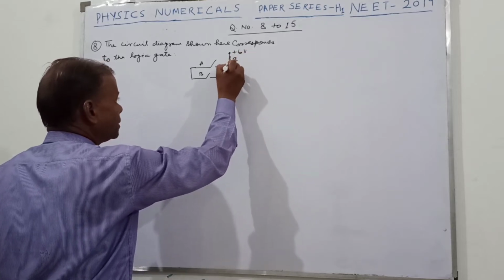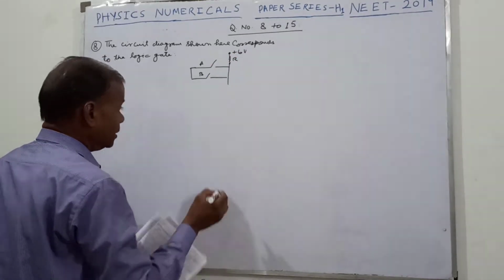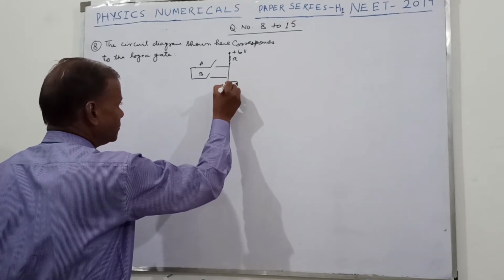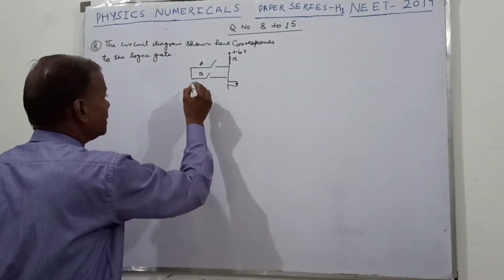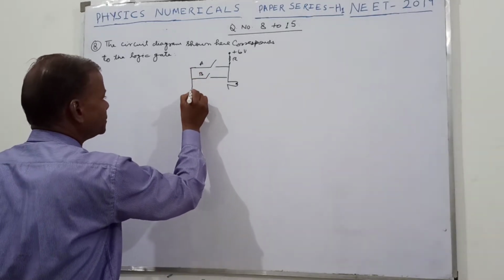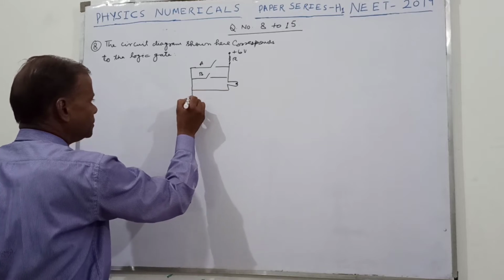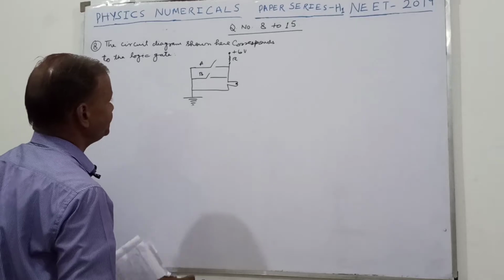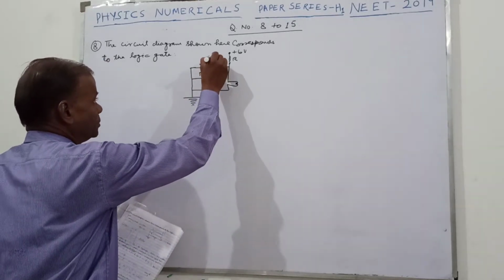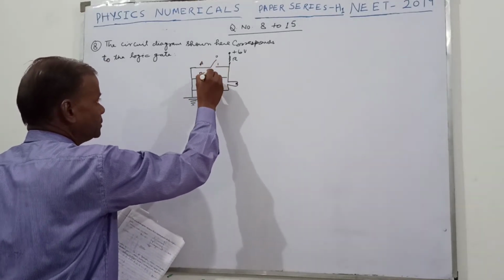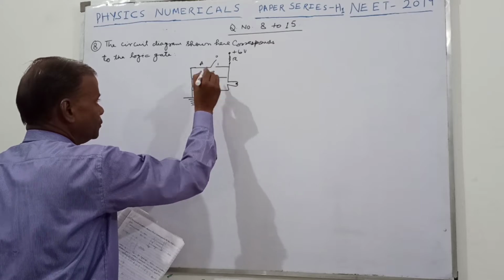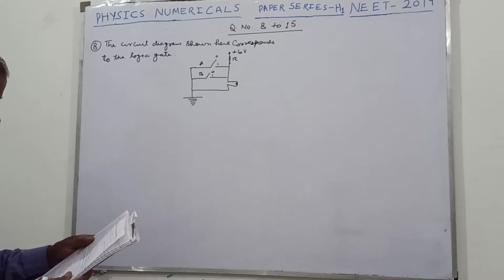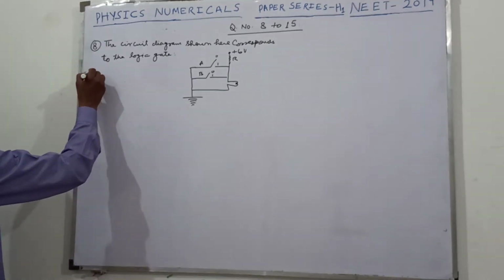This is now resistance R, and here we have an LED bulb. And then this is now 0, this is 1, this is 0, this is 1. This is the given circuit, and the options are given here.